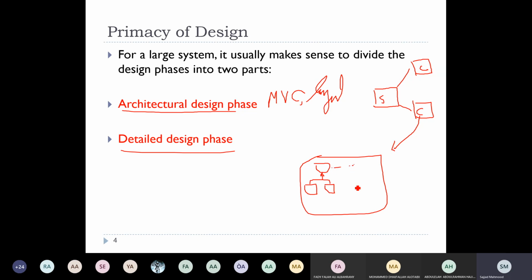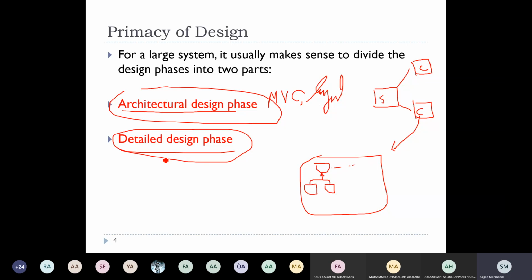Okay, is this clear? Yes. Okay. Now, of course, we will be spending a lot of energy and time during this semester, maybe the first 2-3 weeks on this part, and a lot of time on detailed design as well. But for today, I want you to be able to understand that when we talk about design, we are talking about architectural design and detailed design.